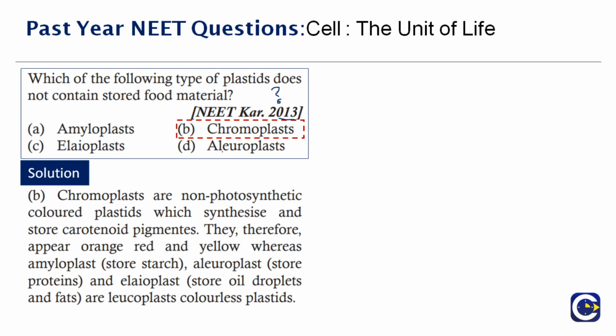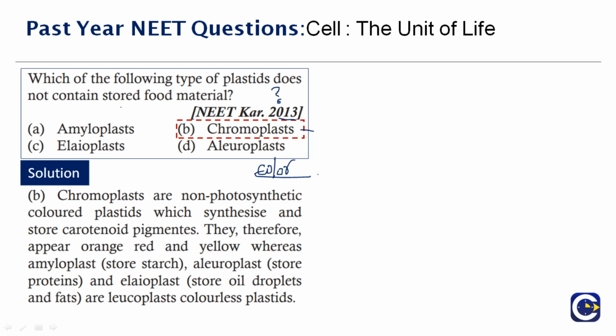Okay. Now this chromoplast, if you see, they are non-photosynthetic colored plastids which synthesize and store carotenoid pigments. See, chromoplast is responsible for the color. Okay, they are not responsible for the storage of food material. Okay, now you understand. See, each one has an activity here.